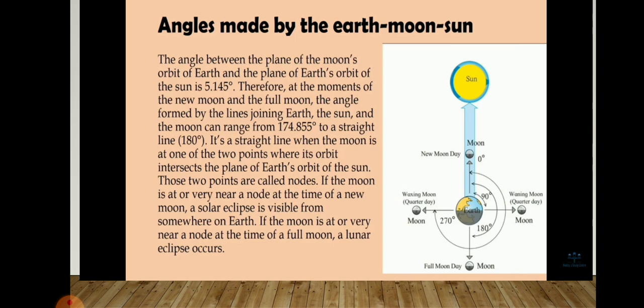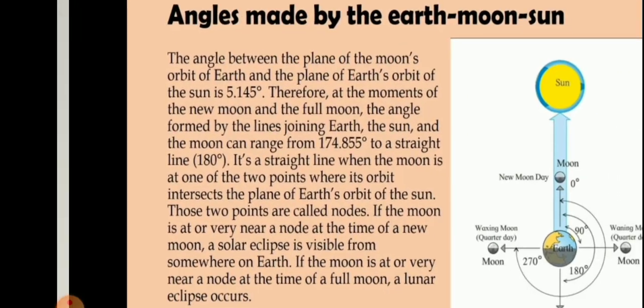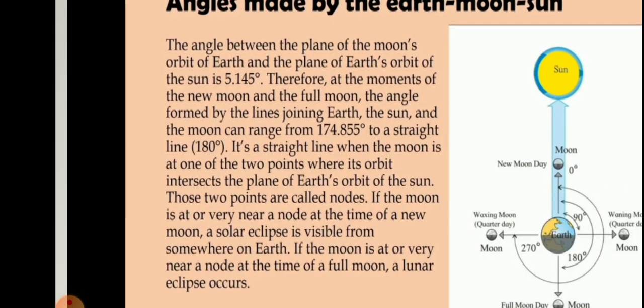Angles made by the earth, moon, and sun. The angle between the plane of the moon's orbit around the earth and the plane of the earth's orbit around the sun is 5.145 degrees.